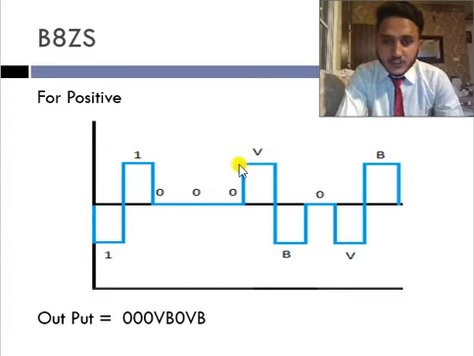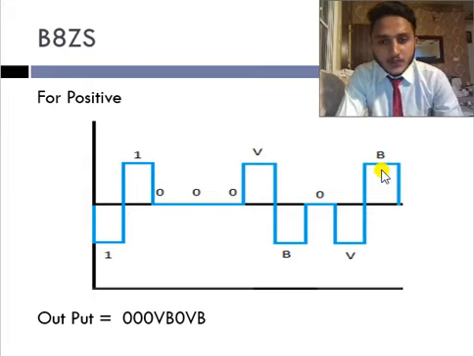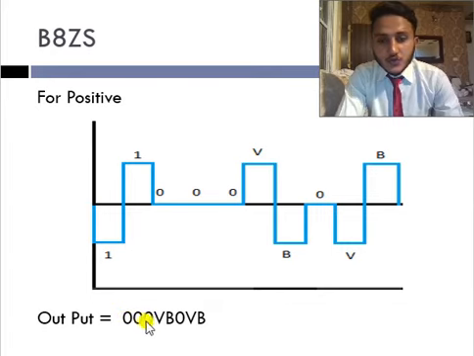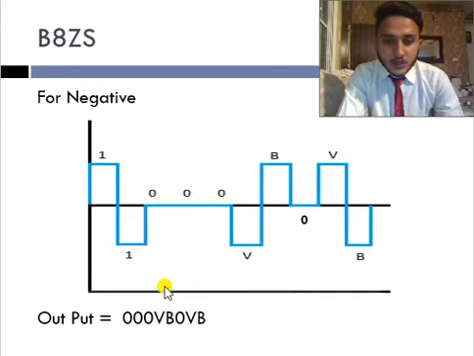Here again is a violation because the last one signal is positive and this one signal is also positive, and again this is a bipolar, and again is a violation because the last one and the next one signal are both negative, and again a bipolar. You see, the output of this signal is 000 VB 0 VB. You see that in both cases, for positive and for negative, the output is the same.